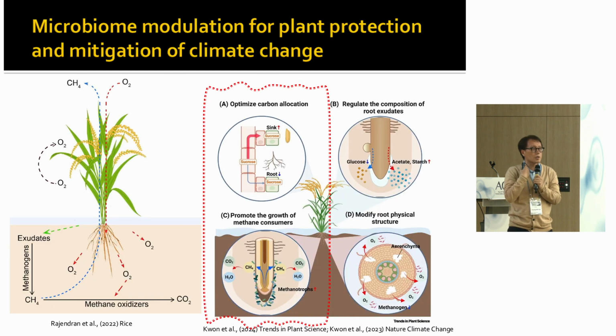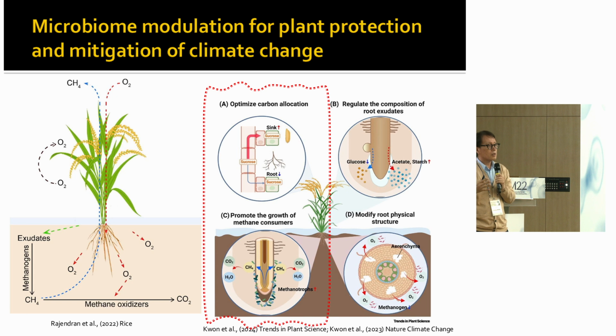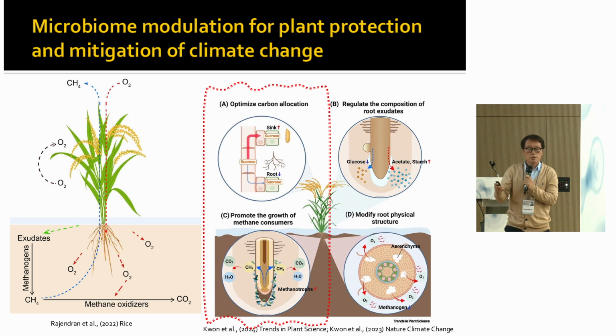We are also interested in how we can apply this bacterial composition in other aspects, like Pam already introduced. We are also interested in how methane reduction can be achieved by some microbiomes.